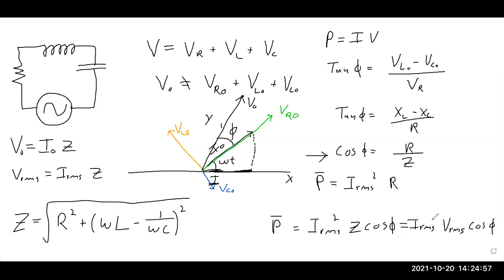How far the voltage is out of phase with the current also comes into play for the power usage. So if this cosine term is 1 and the voltage is exactly in phase with the current, that'd be what you'd get if you had just a resistor or an inductor and a capacitor that exactly cancel each other out. It would just be RMS voltage times RMS current.